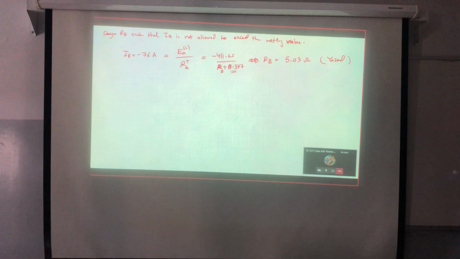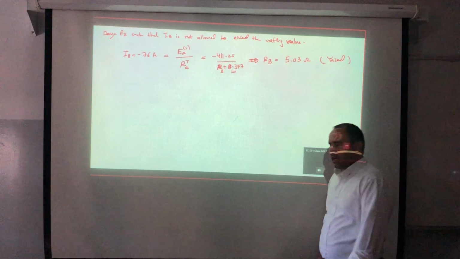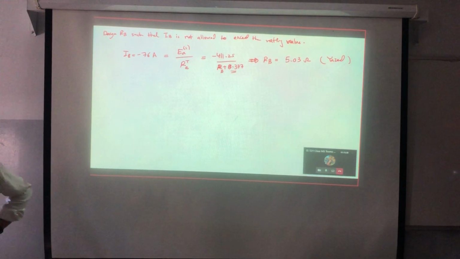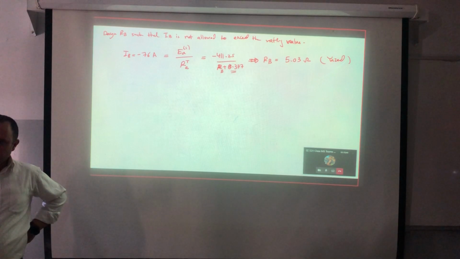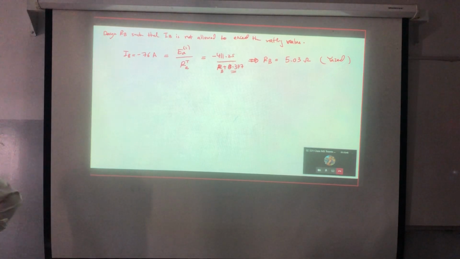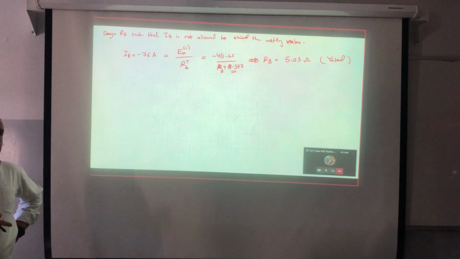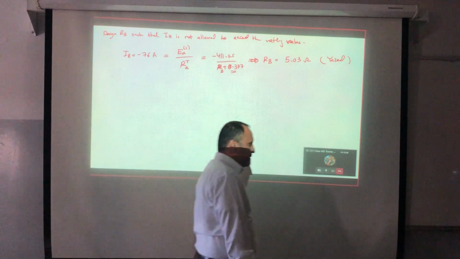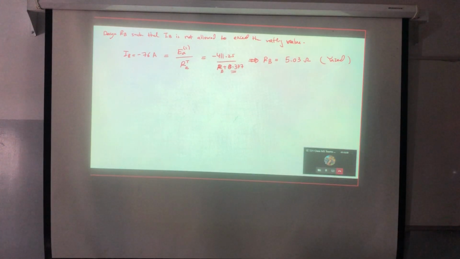Now I can raise the level such that I need you to calculate the braking resistance such that the machine will cruise to zero speed at 1.5 seconds. How can I do that? Similarly, in the dynamic braking, if I recall the torque speed characteristic, this is the first torque speed characteristic, the second one here.